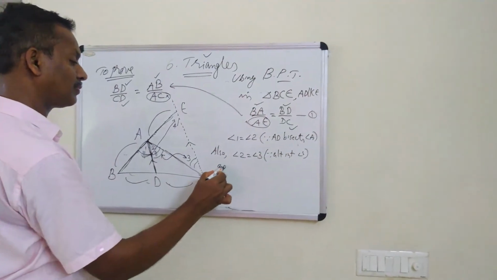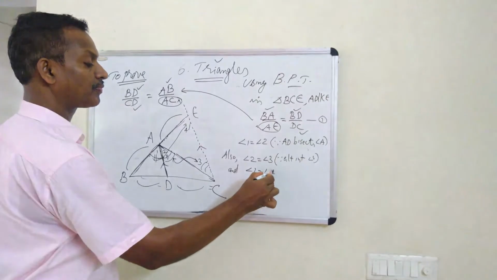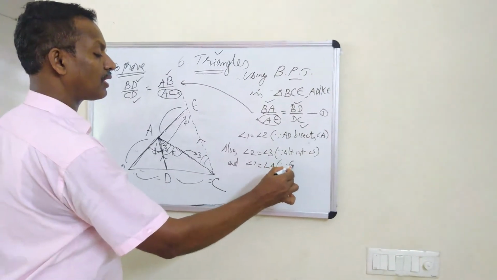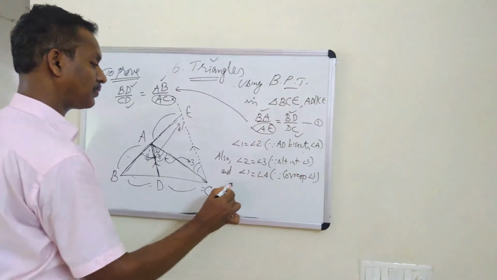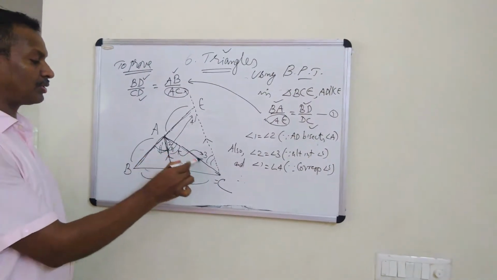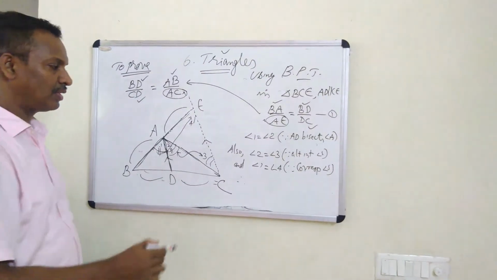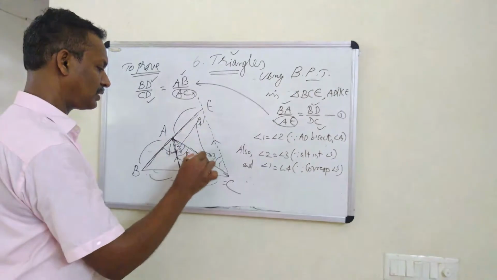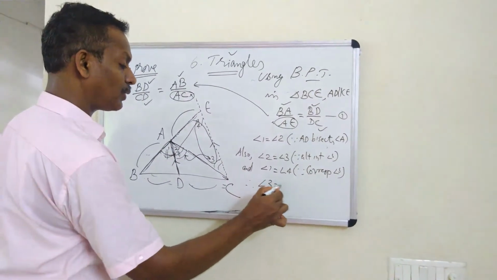And angle 1 is equal to angle 4 because of corresponding angles. Therefore 1 equals 2, 2 equals 3, and 1 equals 4. Actually, all these four angles are equal. From this, angle 3 is equal to angle 4.